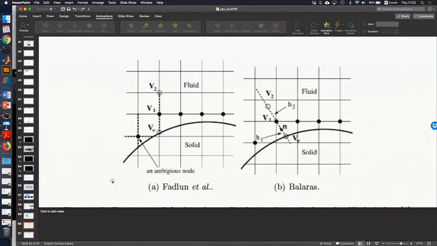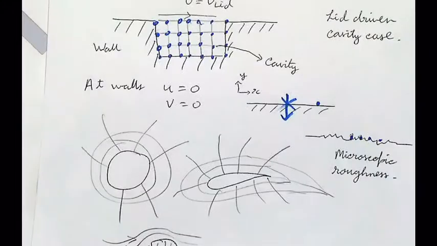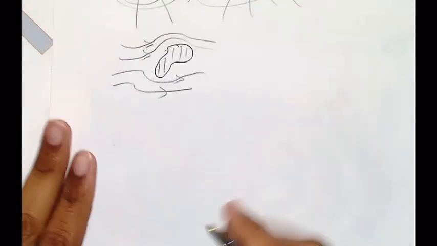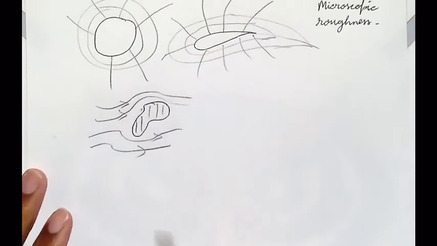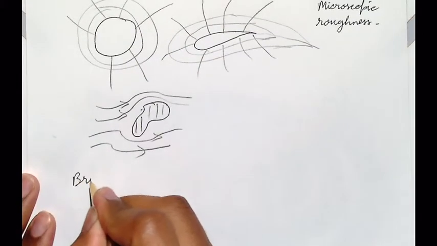Okay. But there's a much simpler way of doing this, which we actually use in the simulations that I have showed you before, the simulations of the fish swimming and the flow across the cylinders. And that's called the penalty method. So it's called Brinkman.